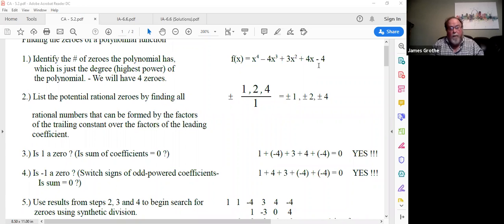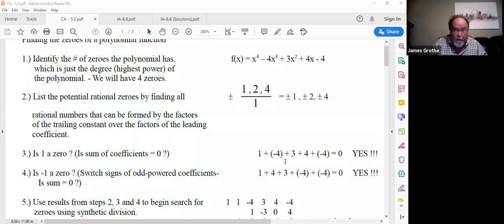The +4 to -4 is a sign change. So we have three sign changes, 1 to -4, -4 to +3, and +4 to -4. That tells us there could be as many as 3 positive zeros, or remember you count down by 2s, so either 3 or 1 positive zeros for this polynomial.